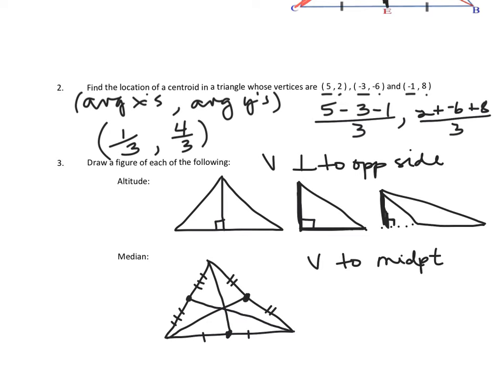You notice I marked all of these sides equal. That's how I knew for sure it was the midpoint. I'm just going to write V equals vertex, okay, in my little notes to y'all.